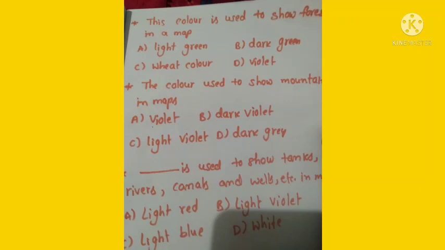Next bit. This dash is used to show tanks, rivers, canals and wells etc. in maps. Options are A. Light red, B. Light violet, C. Light blue, D. White. Answer is light blue.